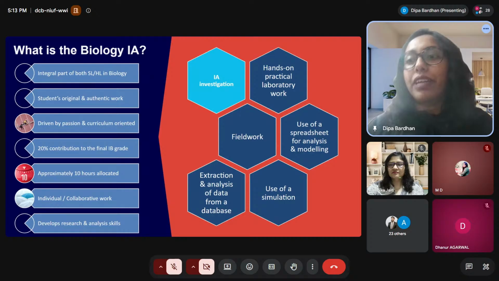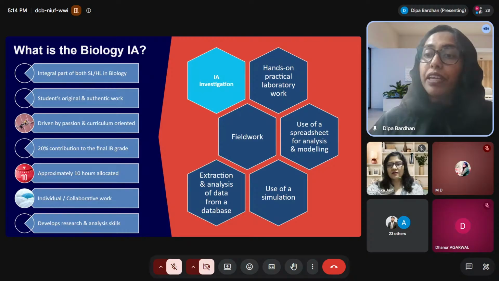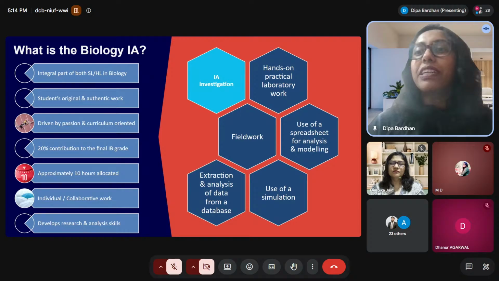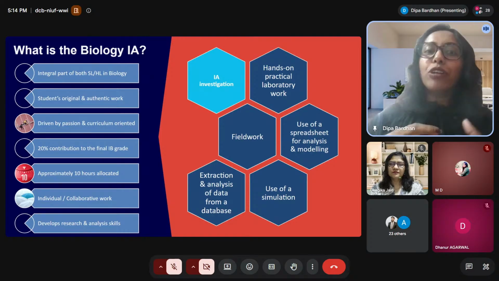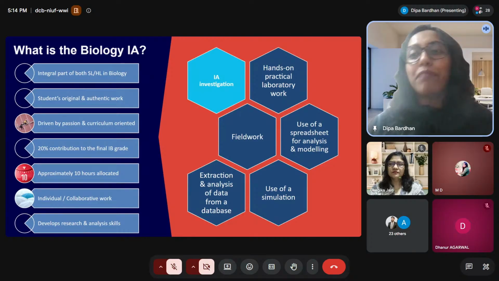Okay. 20% contribution to the final IB grade. This is also a very important aspect of IA with respect to the learners, because 20% contribution, 1/5 of your grade, is totally in your hands. You know, the other 80%, which is because of the IB exams, is very unpredictable.